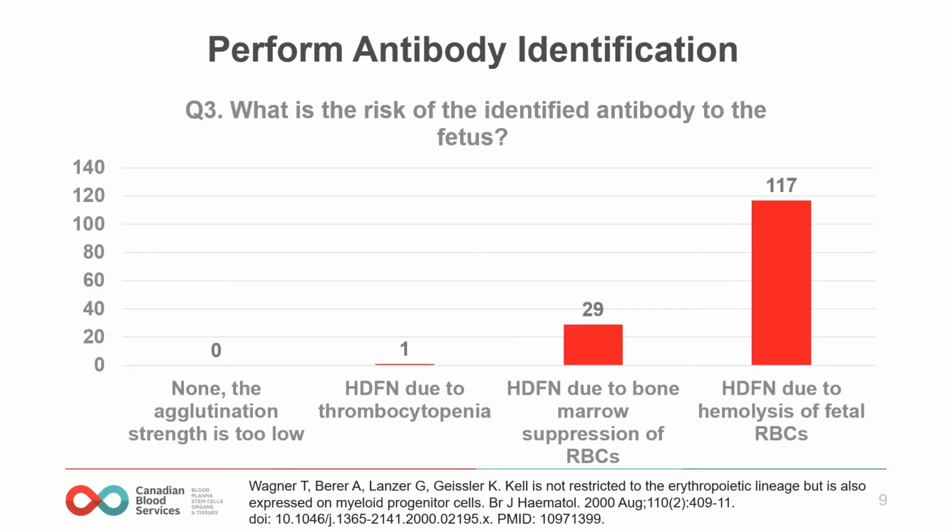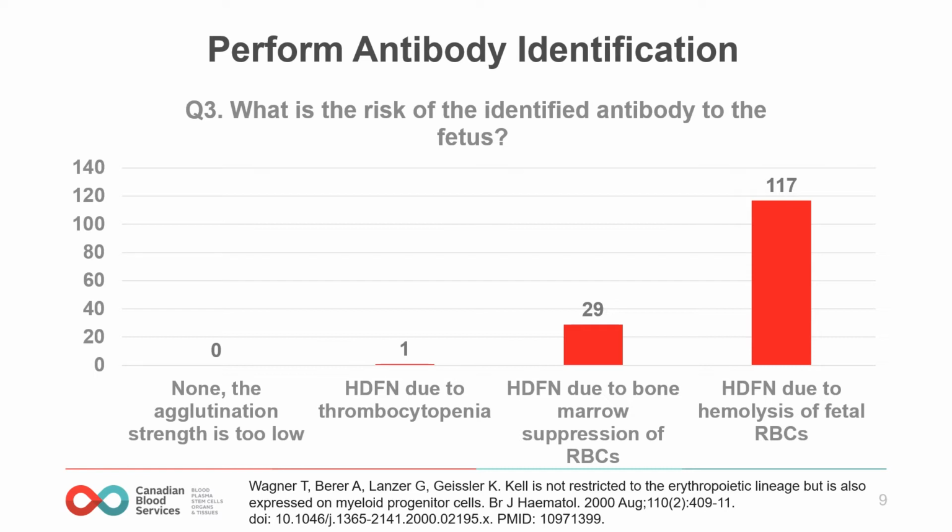So with the sample that we provided, there's anti-little k, and we asked about the risk of the antibody to the fetus. Most of the respondents replied that anti-little k can cause HDFN due to hemolysis of fetal red blood cells, when really anti-little k causes HDFN due to bone marrow suppression of red blood cells.